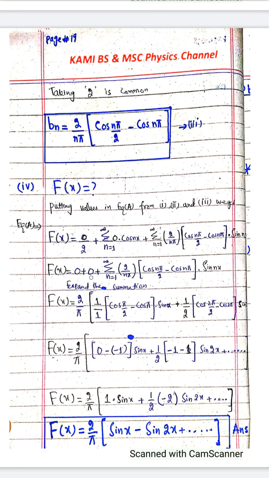This is 0 and this is also 0. So summation from 1 to infinity of 2 divided by n pi, cos n pi divided by 2 minus cos n pi, times sin nx.